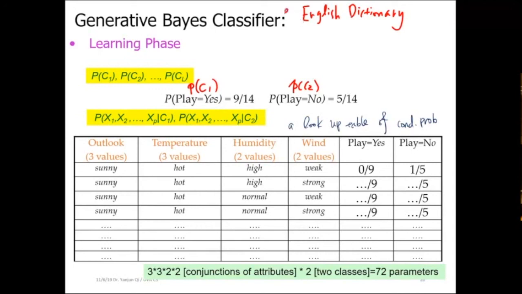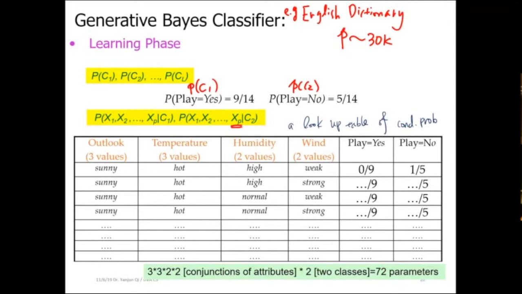So p is roughly the number of words in the dictionary. P is about 30,000. Assuming there are only two possible values for each x1 until xp, exist or not exist, you can describe your articles always using whether that word exists or not.